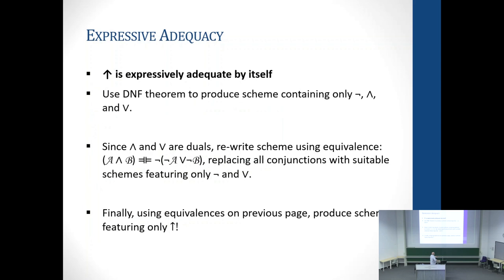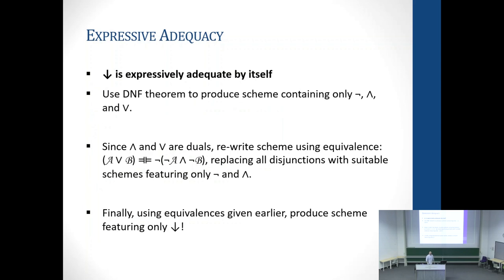So cool. At that point, we know that anything we wanted to express with TFL, we could express just using the up arrow. It can capture any truth functional sentence we want. It's jointly expressively adequate on its own.